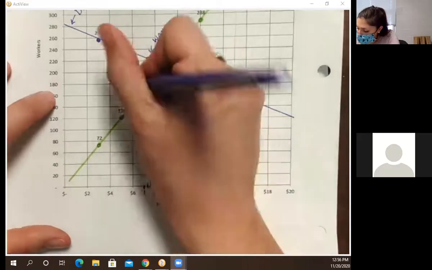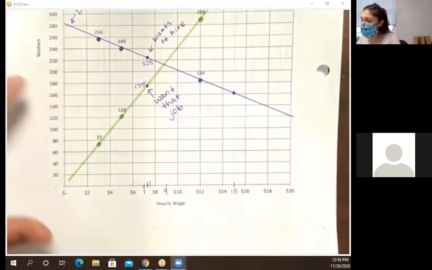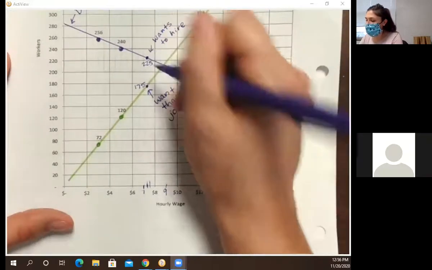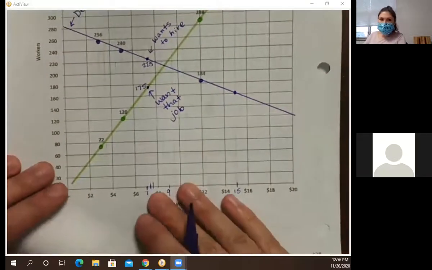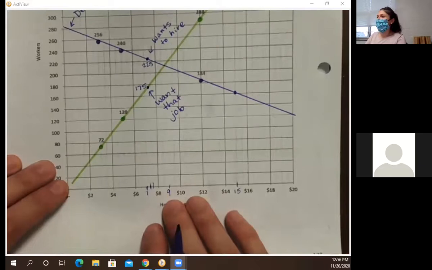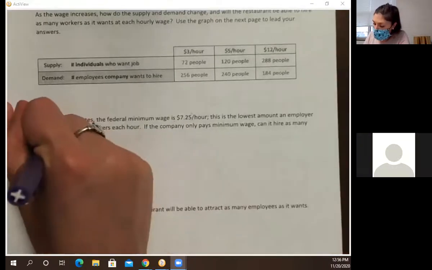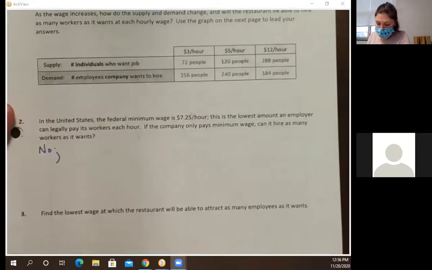But I only have maybe 175 people who want that job. So are they going to be able to hire as many people as they want to? No, I have this sort of gap here. I'm going to flip away from my graph for just a second so we can jot down our thoughts on number 2. We know that the answer is no.